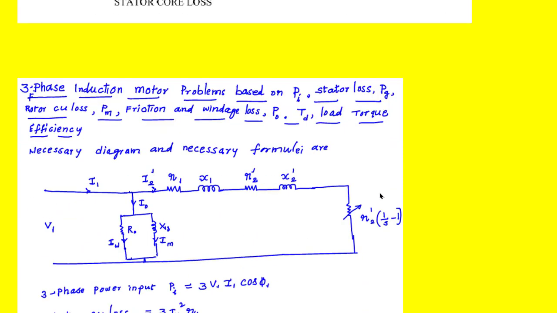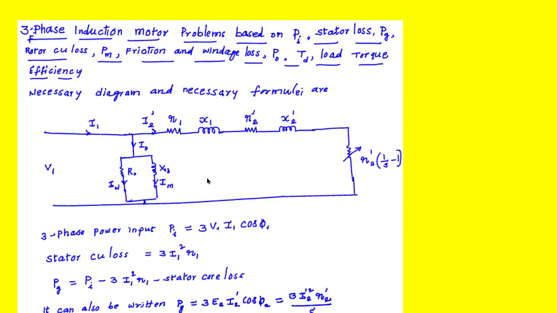To discuss this, let me consider the equivalent circuit, or the necessary diagram for the various items, like this. This is the input voltage to the stator, and this is the core loss component. This is the magnetic branch, that is Im here. This is the resistance.